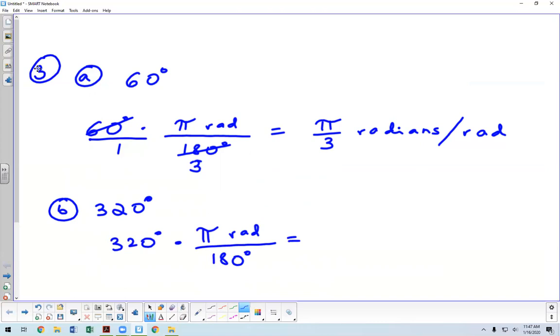So how many times will 320 reduce into 180? Is it an even cancellation? No, right? Because 180 would actually go into 360, not 320. So how do we reduce that fraction? You're basically looking at, if you ignore the zeros, 32 divided by 18, what will that reduce into?